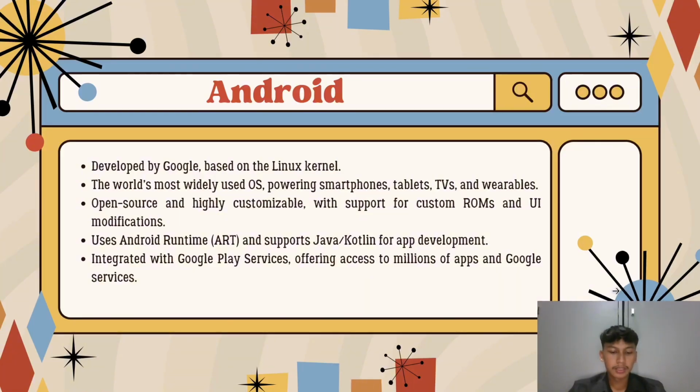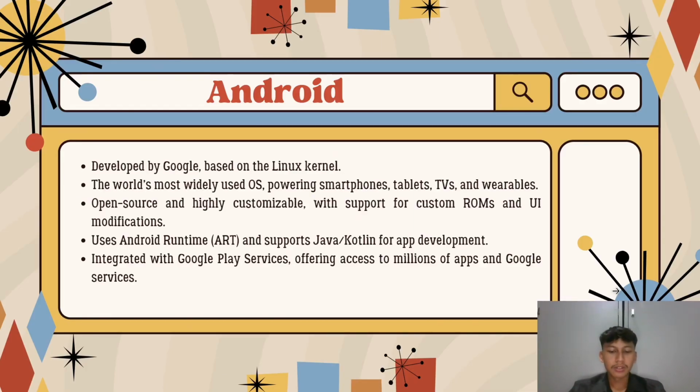For example, Samsung uses One UI, Xiaomi uses MIUI, and OnePlus uses OxygenOS, all of which are built on top of Android. Android applications run on the Android Runtime, which is ART, and developers primarily use Java and Kotlin for app development.